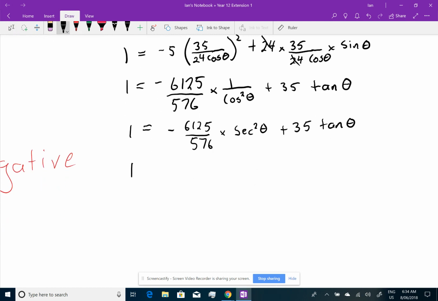Well, that came in handy. 1 equals minus 6125 on 576. But sec squared is also 1 plus tan squared.